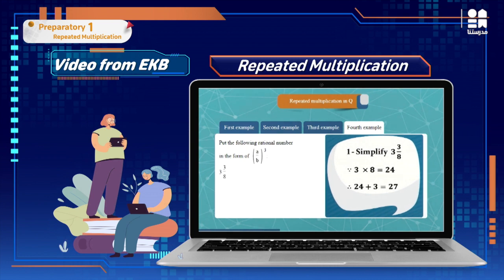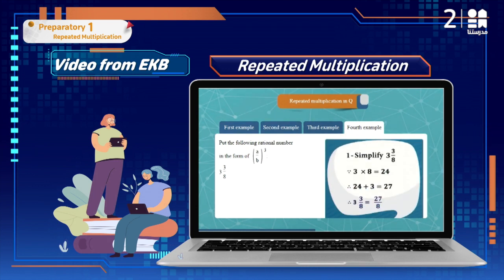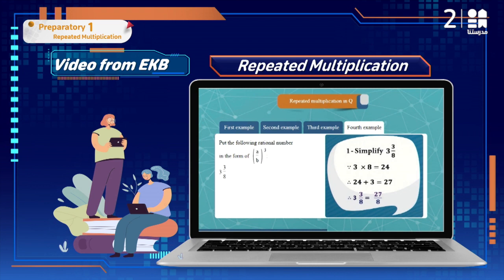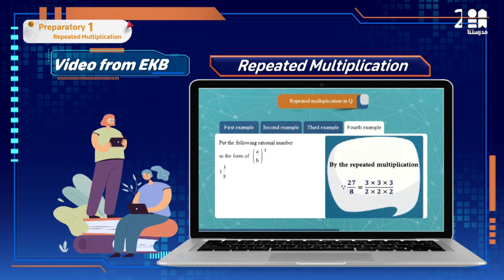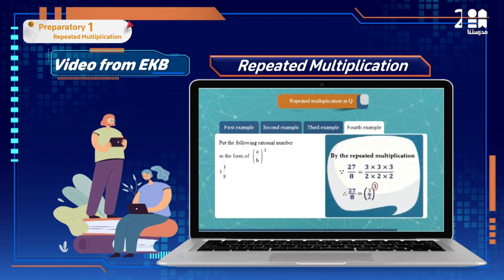By multiplying 3 by the denominator 8, then add the result to the numerator 3. Now, the improper fraction will be 27 over 8. Secondly, by repeated multiplication, we have 3 multiplied by 3 multiplied by 3 over 2 multiplied by 2 multiplied by 2. So, we can write the fraction in the form of 3 over 2 all to the power of 3. At the end, you can solve more exercises by yourself.